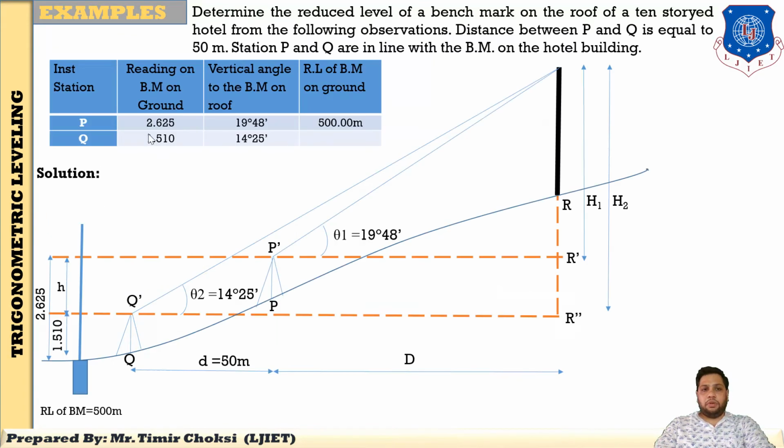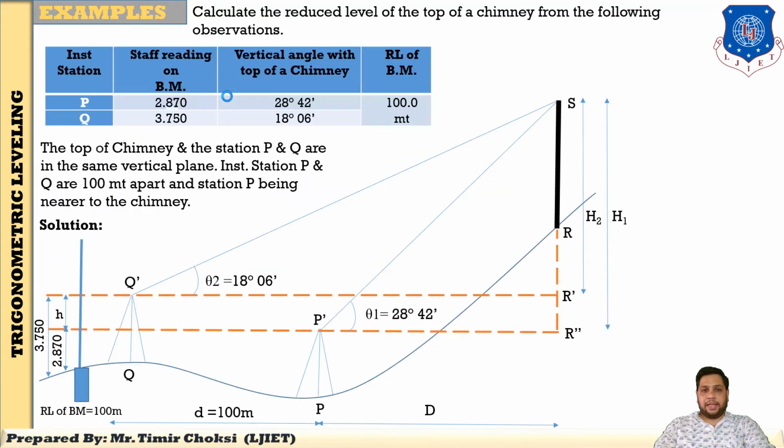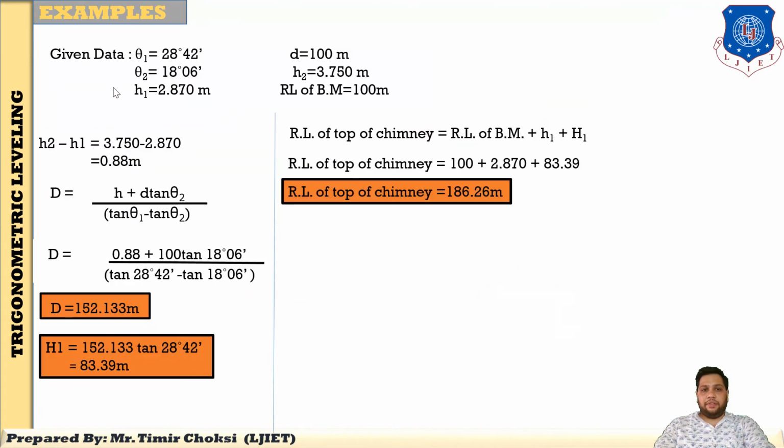Then step number 2, the data given in the example. So you write the given data: theta 1 is given, theta 2, h1 is given, d is given, h2 is given, and RL of benchmark is given. So you directly put all the values in the formula, so you do not make mistakes in this example.